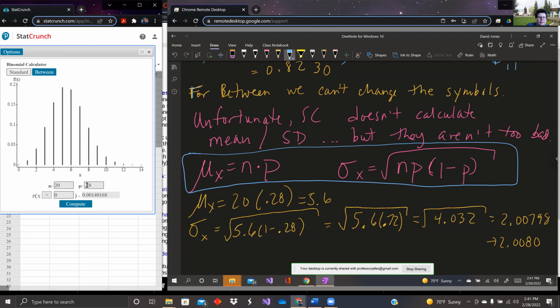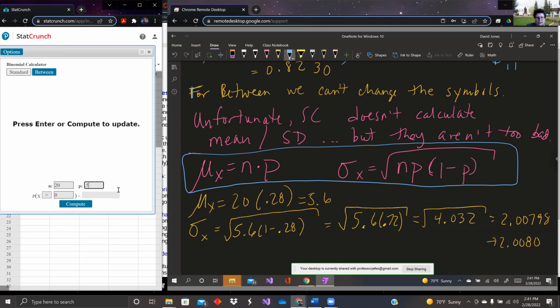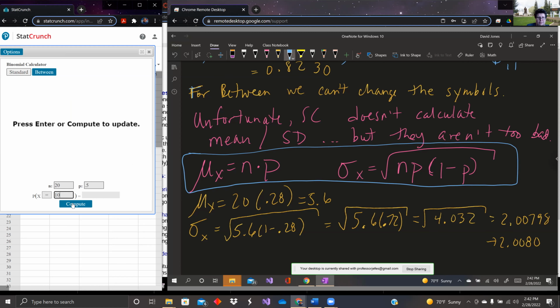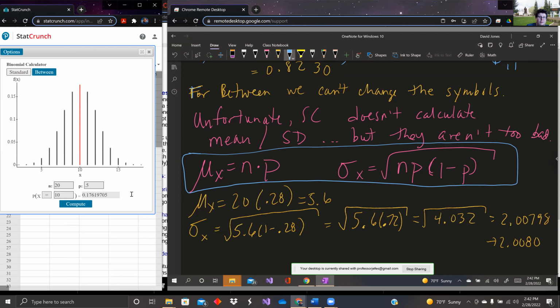I'm going to show you something on the calculator. Let's switch this probability to 0.5. I can go 10. I'll put 10 in the middle, just so that we're looking at the middle.